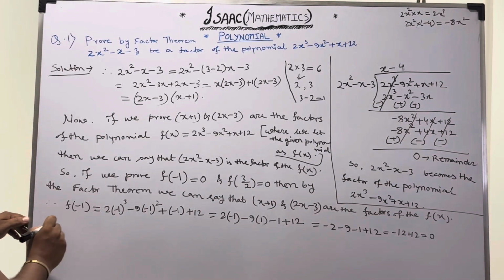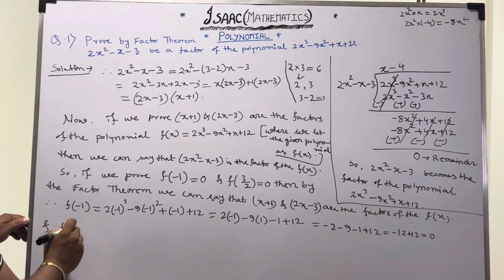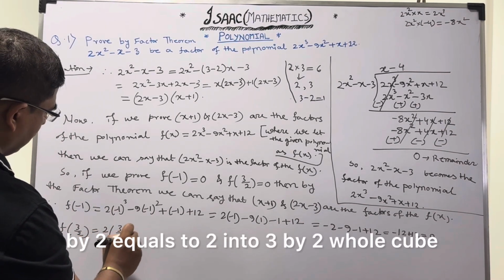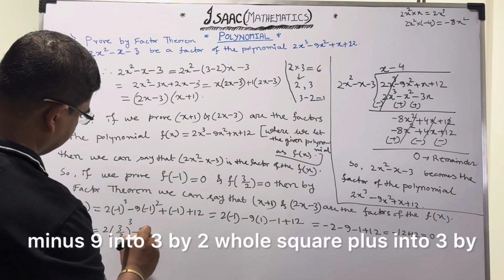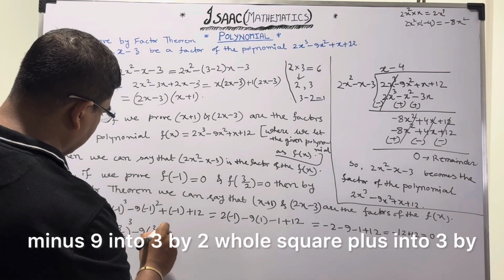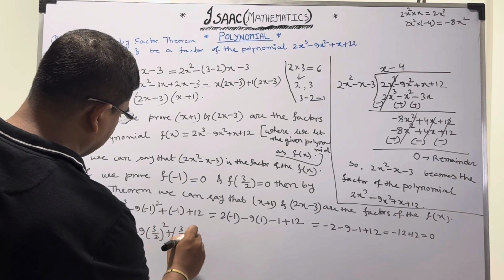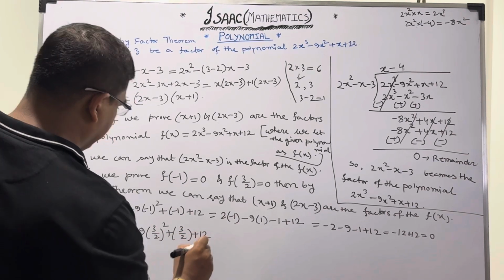And f of 3 by 2 equals 2 into 3 by 2 whole cube minus 9 into 3 by 2 whole square plus 3 by 2 plus 12.